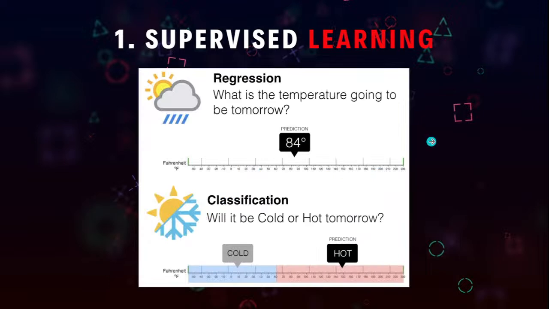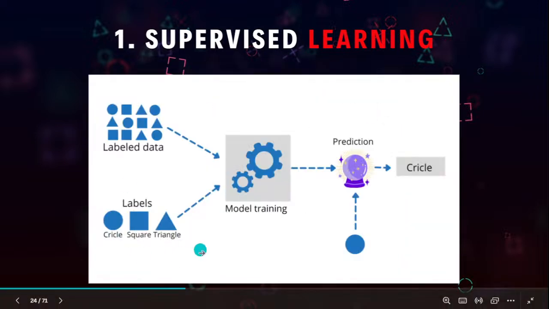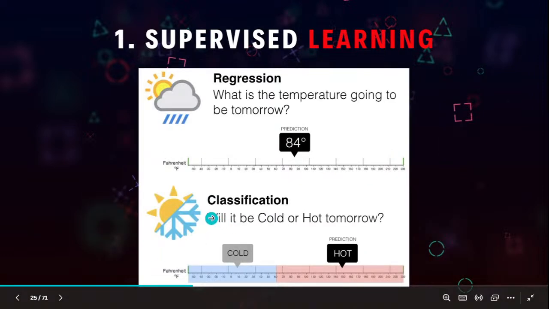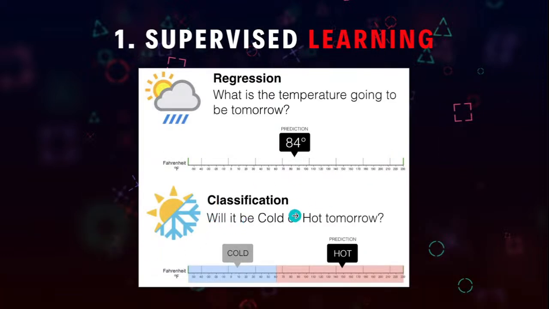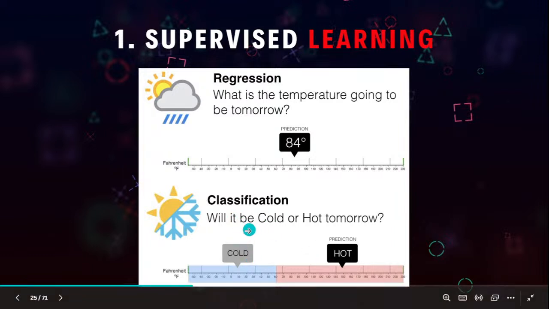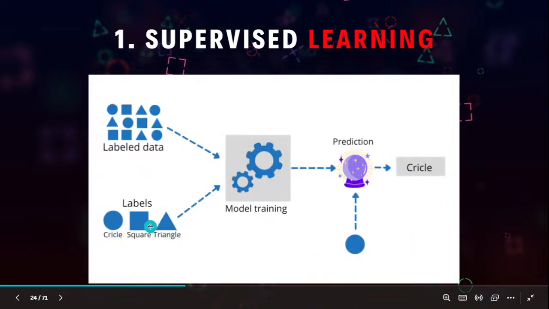In supervised learning too, you have 2 types. The label you have could be a classification one. Classification means you have data that is either this or that. For example, what if you predict whether the temperature is going to be cold or hot tomorrow? Either this or that is a classification problem, like a circle or a square or a triangle.